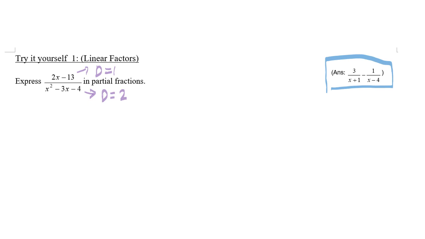If you observe the denominator, this is a quadratic polynomial, and for a quadratic polynomial we can factorize it into two linear factors. So your first step is to factorize the quadratic polynomial into two linear factors.